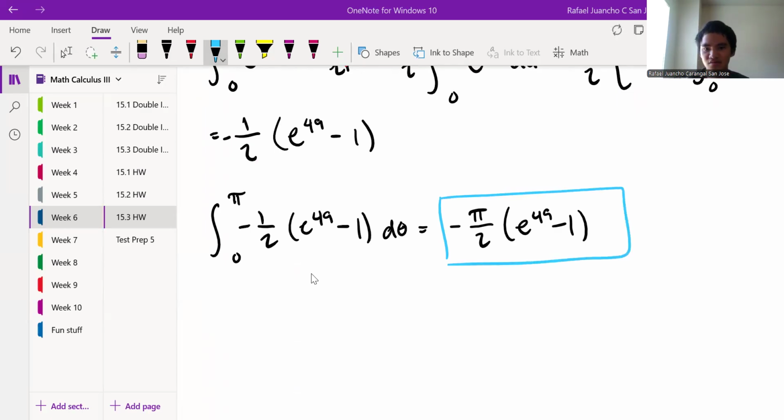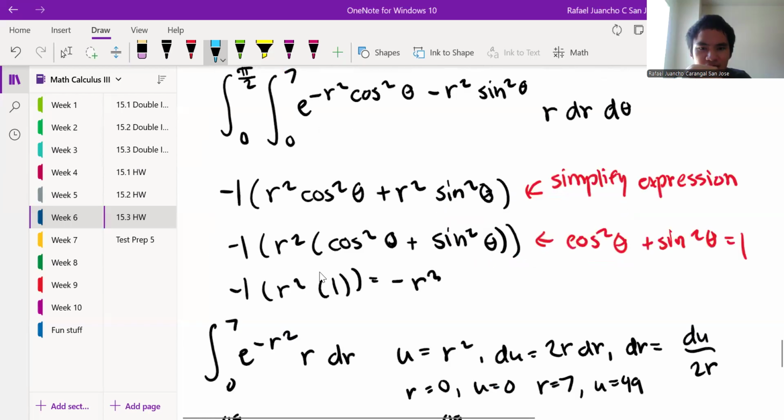Hopefully that should be that. The trouble here is the first part, especially the simplifying one. Let's see if I set it up correctly though. Oh shoot, maybe not. I did from 0 to pi.